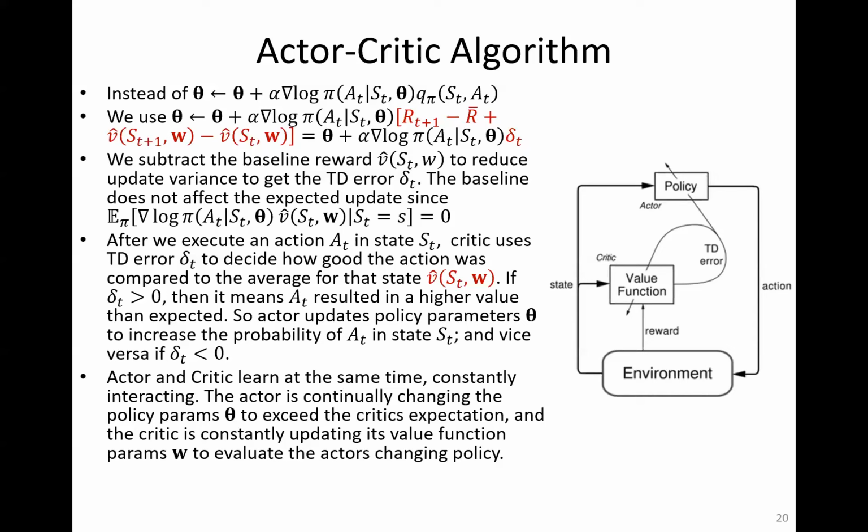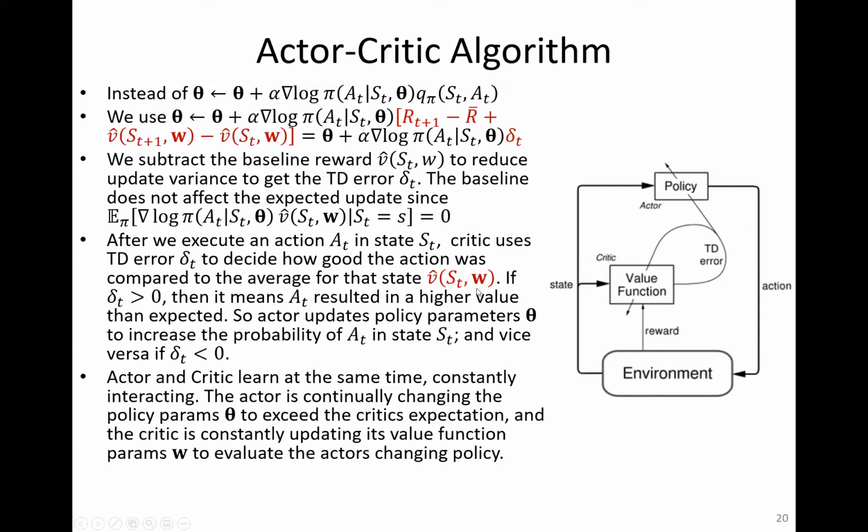So this simply says that we're just evaluating. After we take any action A_t in state S_t, the critic uses the TD error delta_t to decide how good the action was compared to the average for that state.